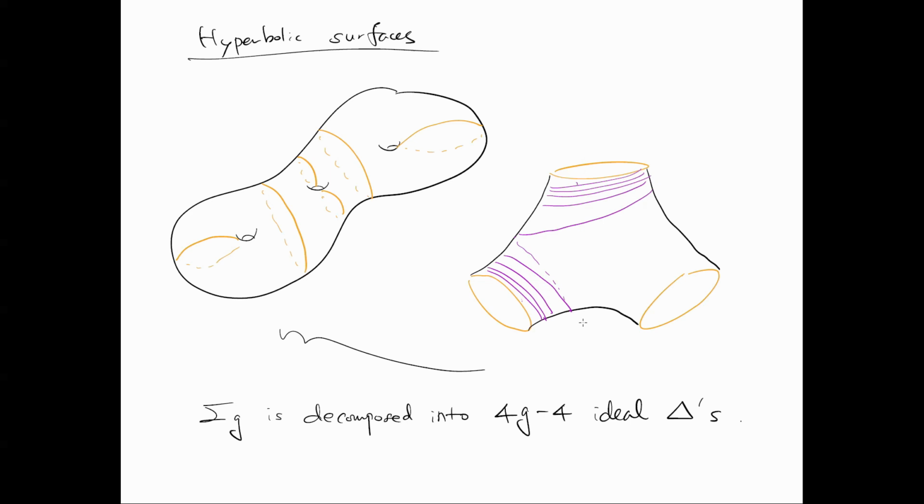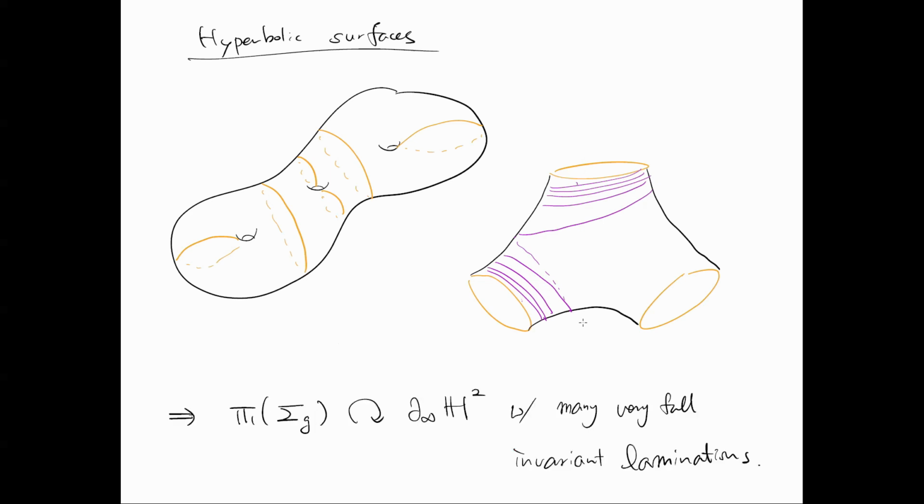If you do this for each pair of boundary components, you have three bi-infinite geodesics which cut the pants into two ideal triangles. Then each surface is decomposed into 4G minus 4 ideal triangles. When you lift it to the universal cover, the lift of this geodesic lamination only has ideal triangles as gaps. Right? So it is an example of a very full lamination.